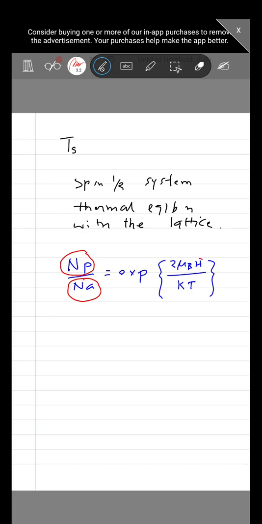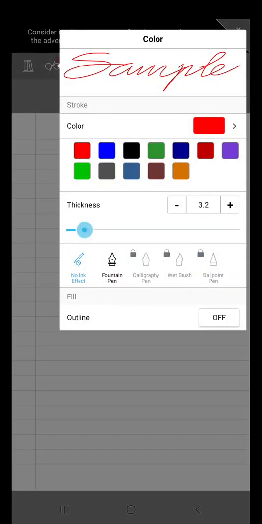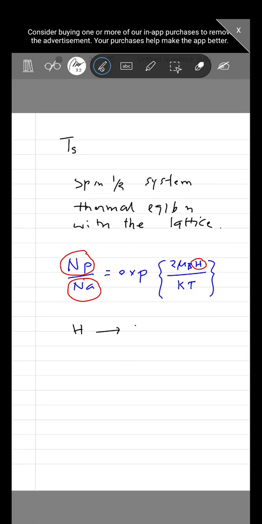Now if this is the external magnetic field applied, and suddenly the field is changed from H to H dash and increased, whereas the temperature of the lattice is kept constant at T, then automatically this ratio will change. However, it will take some time for the NP by NA ratio to adjust itself to the new field.